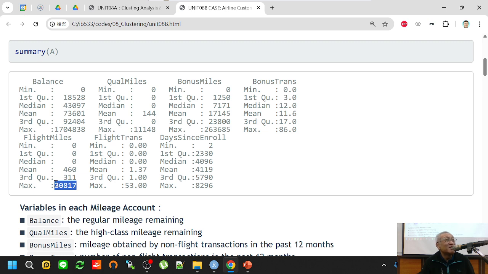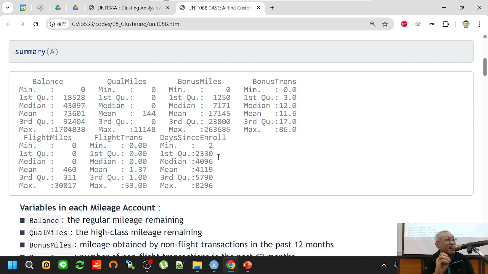Okay. So when we want to do a clustering, because we want to group the members' behavior, right? When we want to use all of these variables to do a clustering, scaling is very important, isn't it?